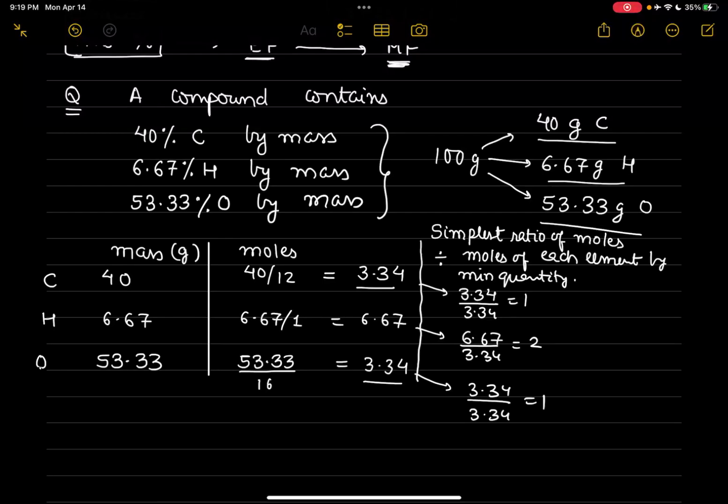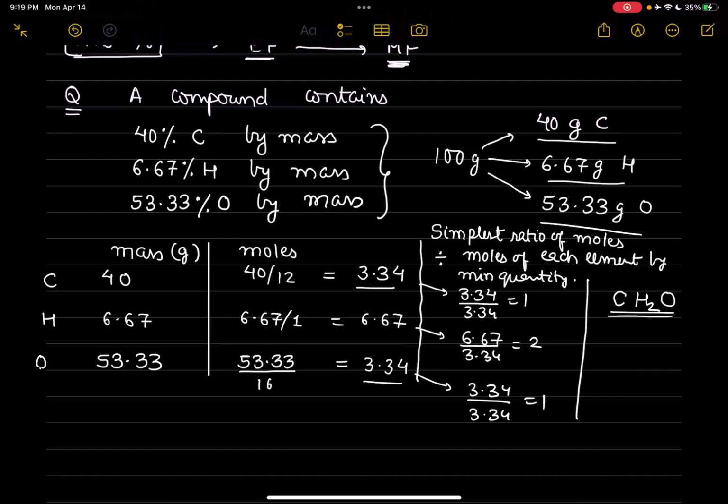So what we got? It will be CH2O. It is the simplest ratio of the number of carbon atoms, hydrogen atoms, and oxygen atoms, which is CH2O.